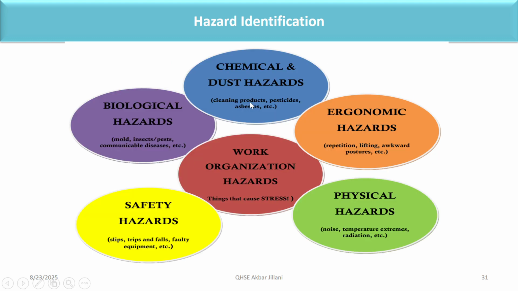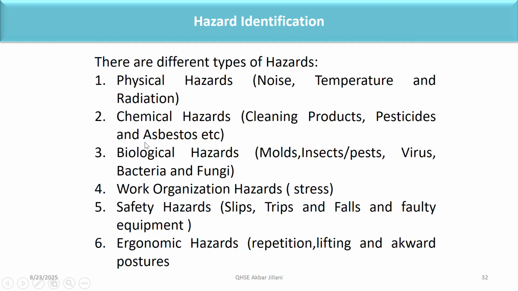Now there are 6 types of hazard: chemical, ergonomics, physical, work organization hazards, safety hazard, and biological hazard. Let's look at them one by one.